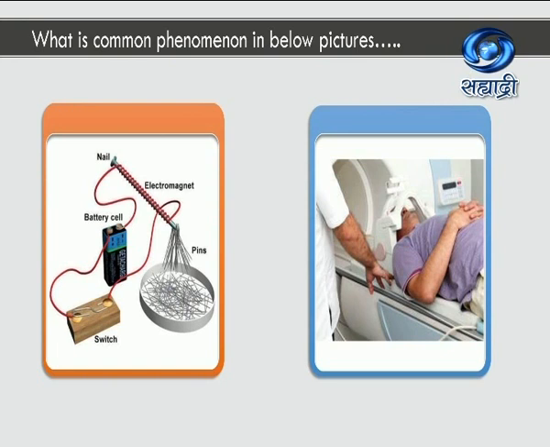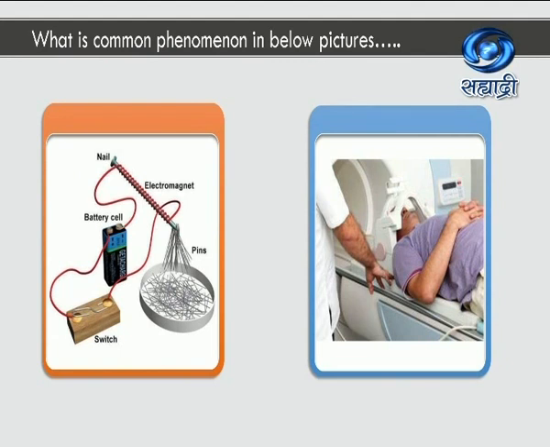Whenever a wire carrying current is wound on a nail, then as soon as current flows through this coil, certain changes occur within the nail. The nail is converted to a temporary magnet, and that is why the needles or metallic pins are being attracted.